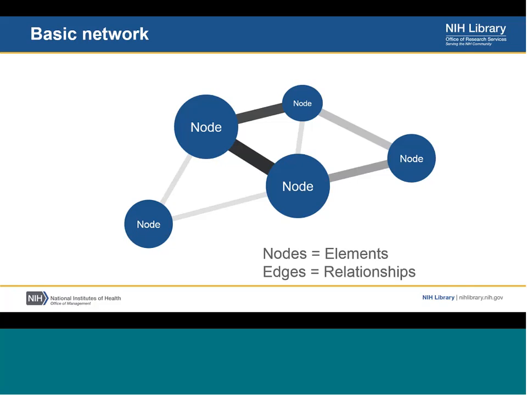This has all been pretty abstract so far, so let me give you a couple of other examples of very common kinds of networks that we see on a pretty regular basis. One that's probably the most familiar is a social network, where nodes are individual people, and the edges are whether there are friendships that exist between those people.